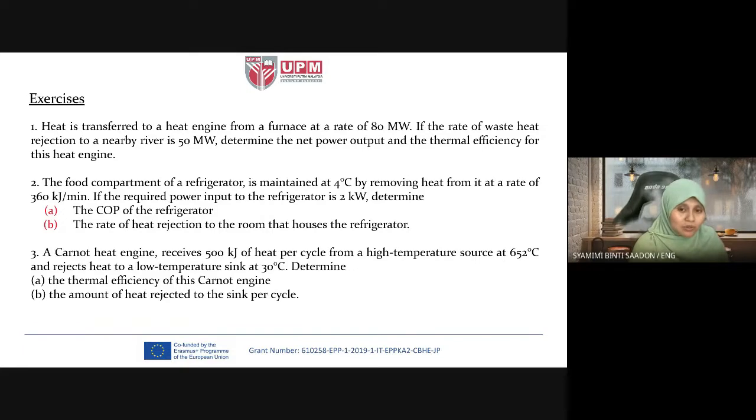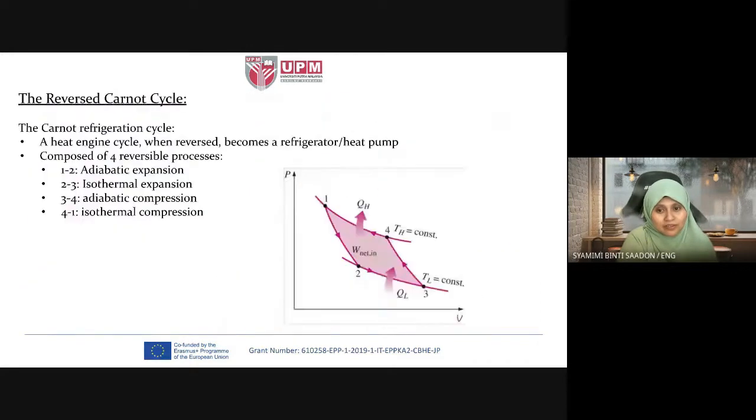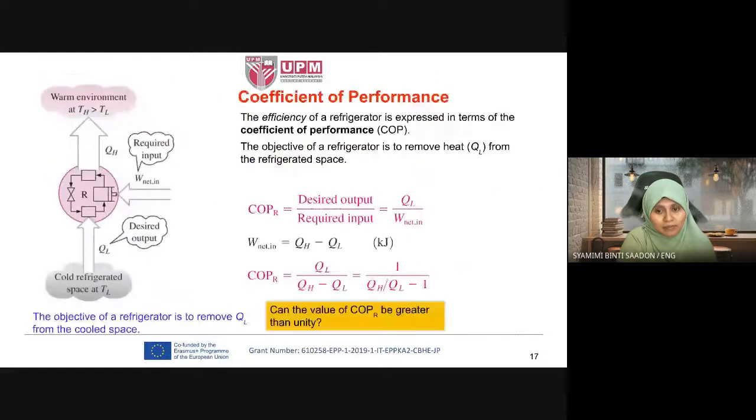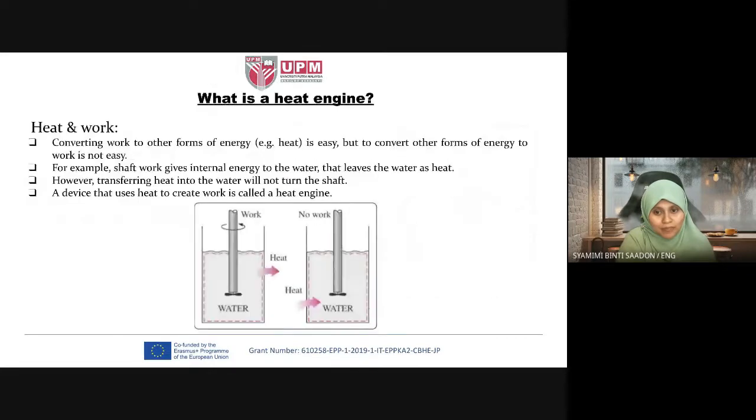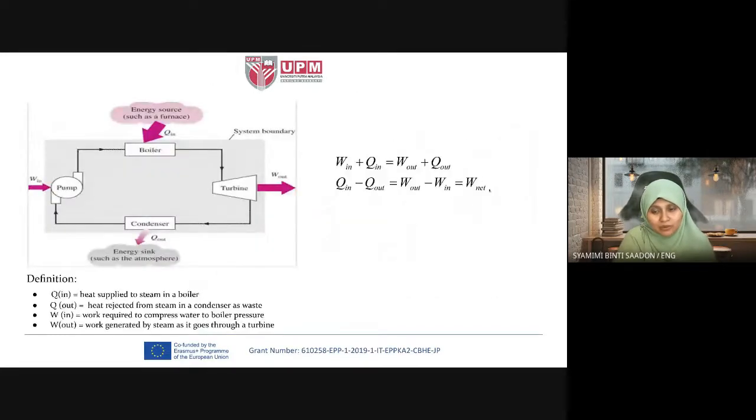Okay, so net power output is Q in minus Q out. If you don't remember, this is from the beginning just now. We want to calculate the net power output. So Q in minus Q out: 80 megajoule minus 50 megajoule.